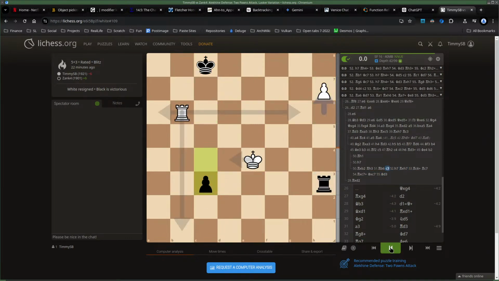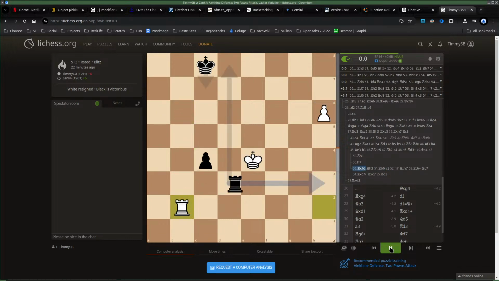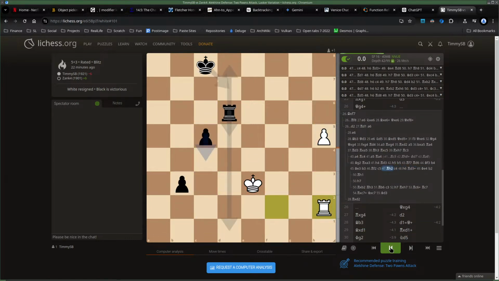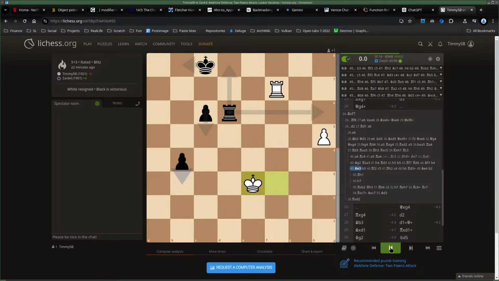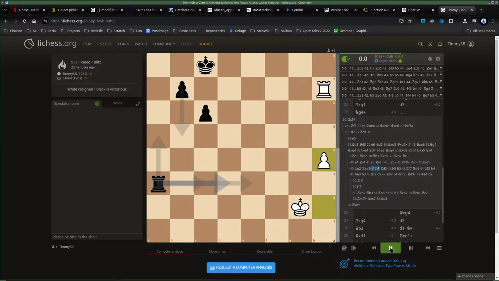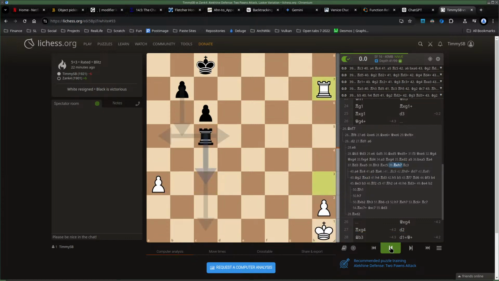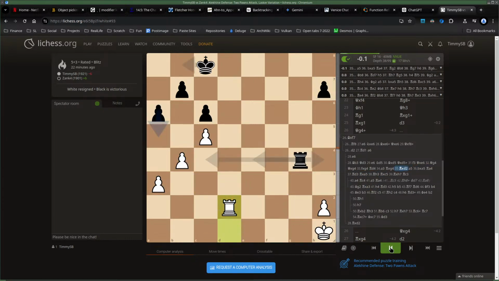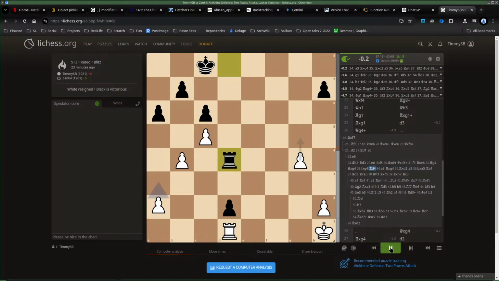Yep, I think you have to train chess for many hours a day. These kinds of positions, play them over and over until you finally start to get it.